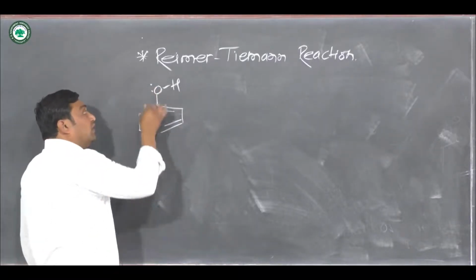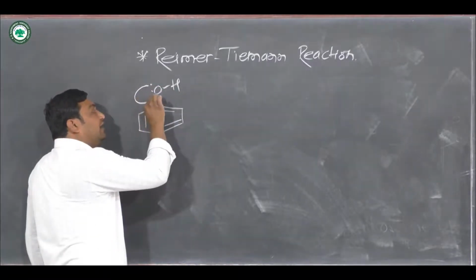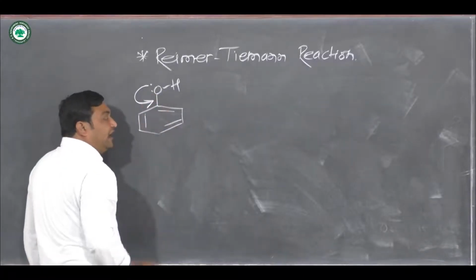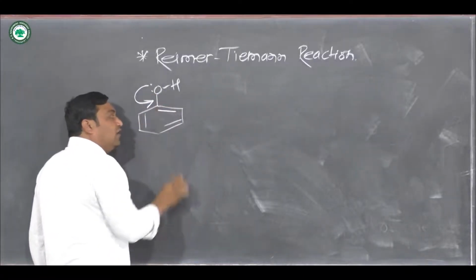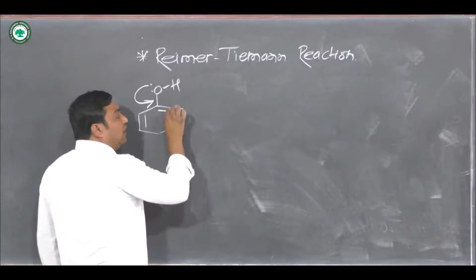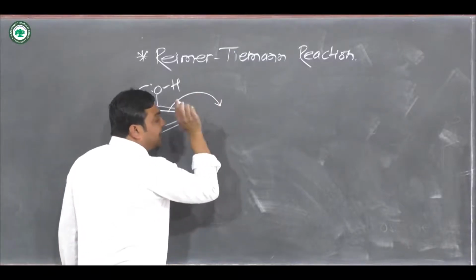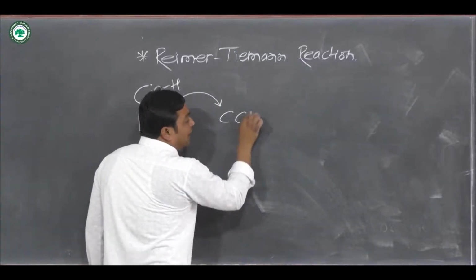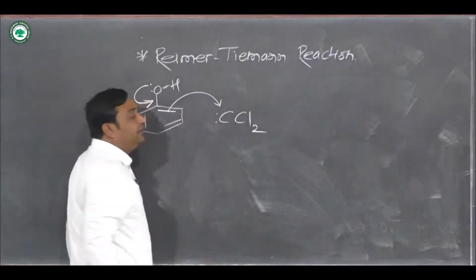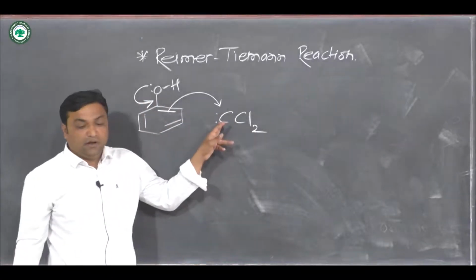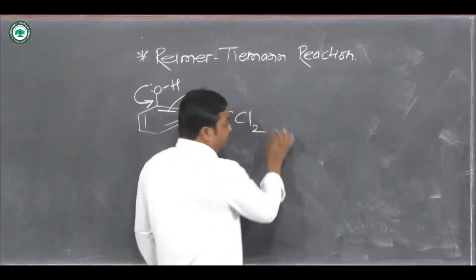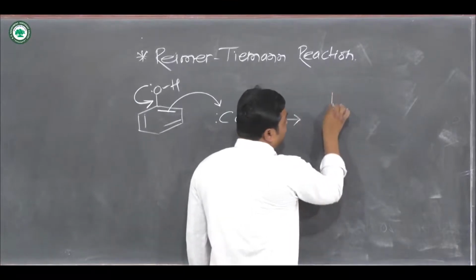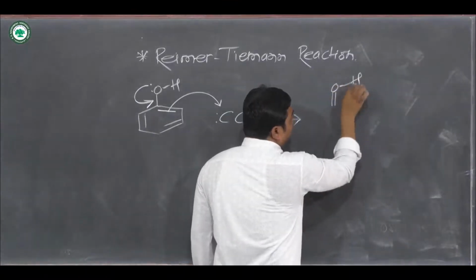Now the lone pair delocalizes in this ring, and this pi electron will attack on our newly generated carbene molecule to form this compound.